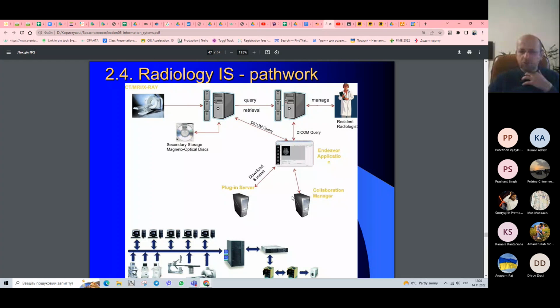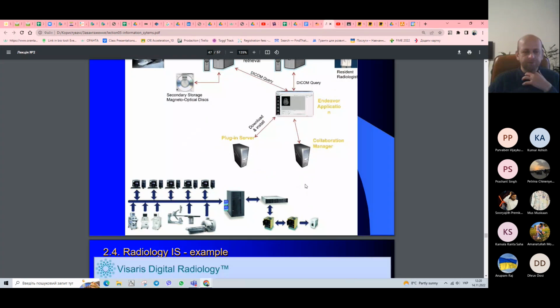Here there is also a module to transfer data in the necessary formats readable by others.